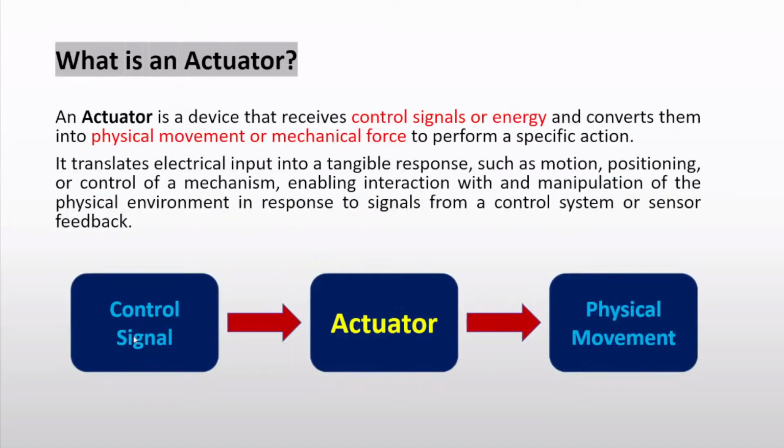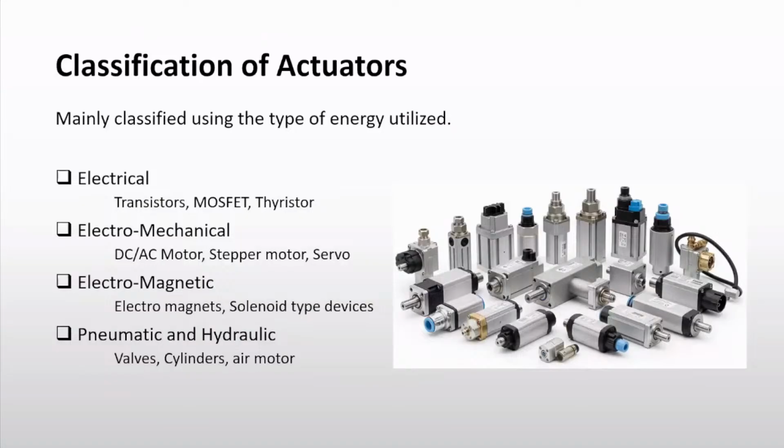The controller generates the control signal, the signal is applied to the actuator, and then the actuator produces this physical movement. Okay, now let's move on to the classification of those actuators.